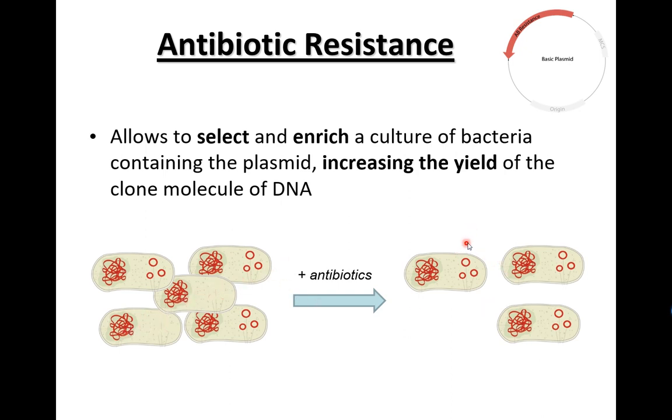Only those that have the plasmid will be resistant, and therefore you come out with a very nicely pure population of bacteria that are ampicillin resistant and therefore all have thousands of copies of your plasmid. You get a much better yield of your plasmid out of them.